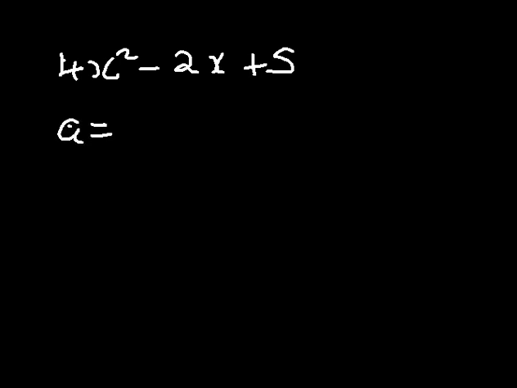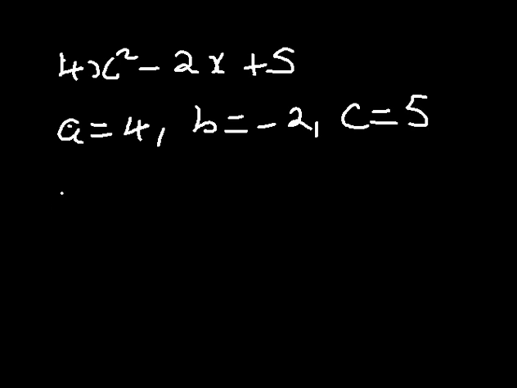And let's say we have 4x squared minus 2x plus 5. What is the discriminant of this quadratic expression? We have a as 4, b as negative 2, and c as 5.